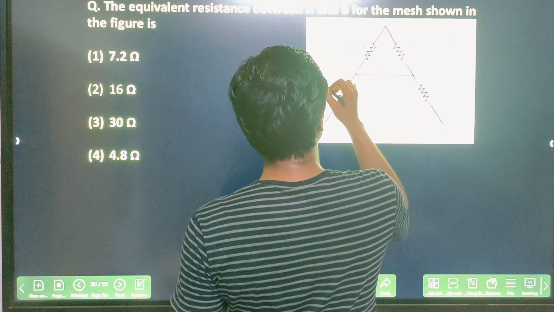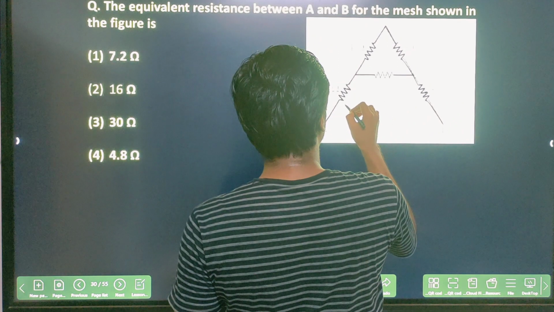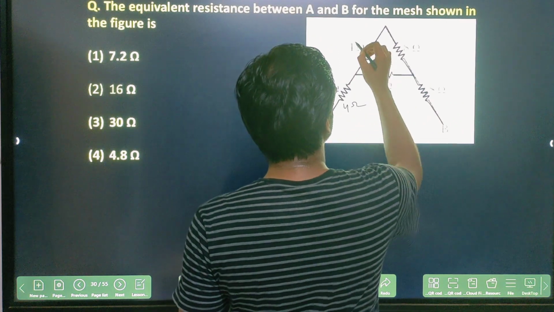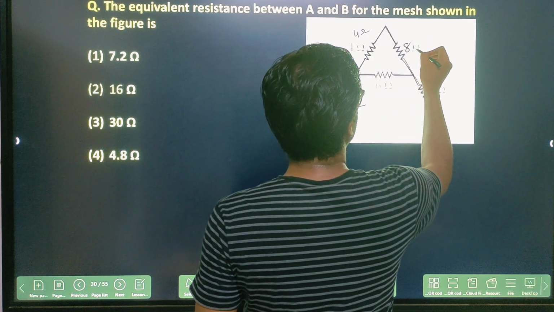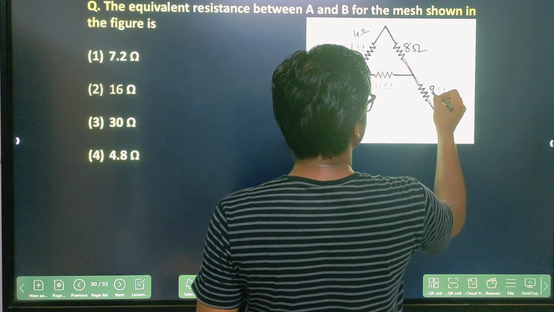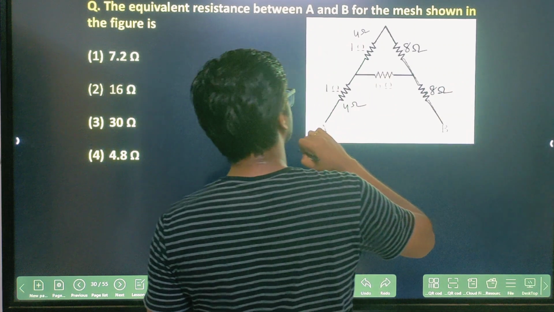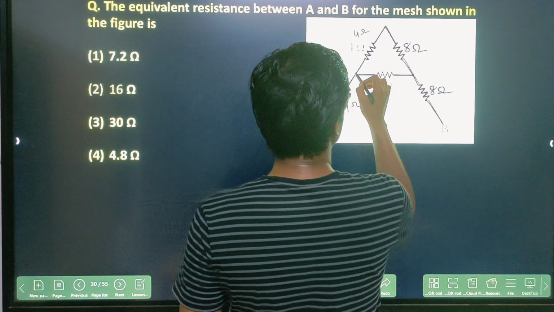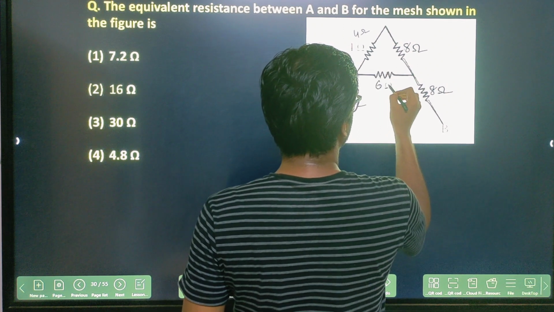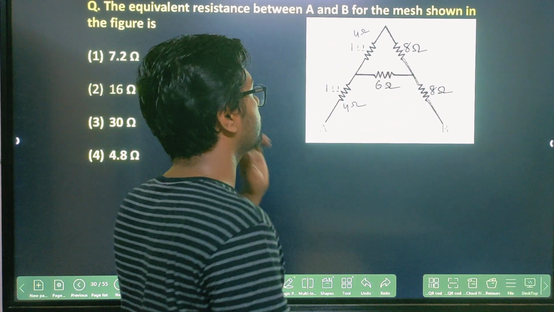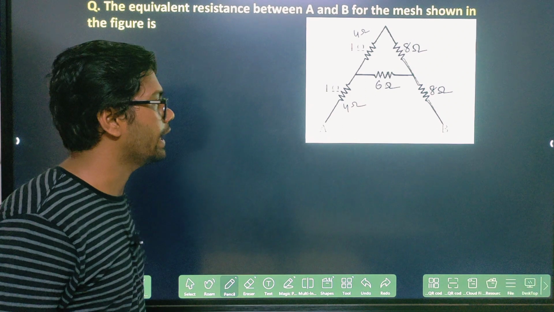This is 4 ohm, this is 4 ohm, here it is 8 ohm, this is also 8 ohm, and this is 6 ohm. You have to find the equivalent resistance between A and B.